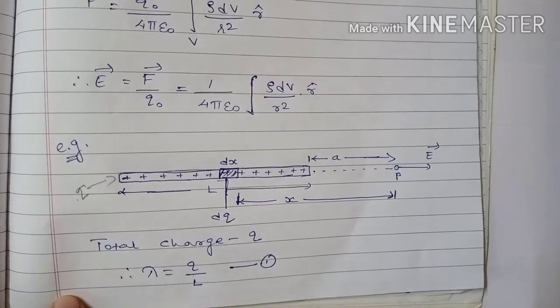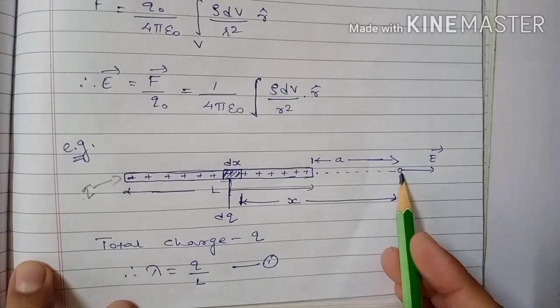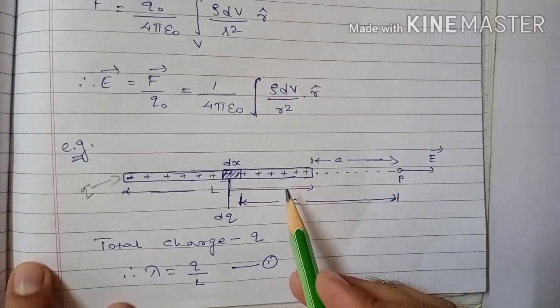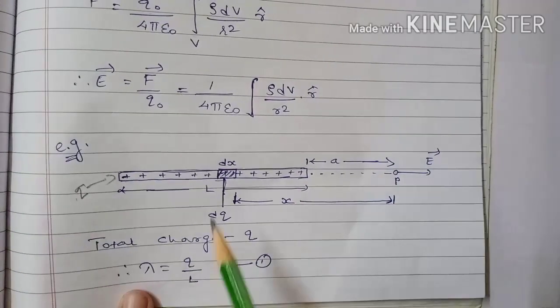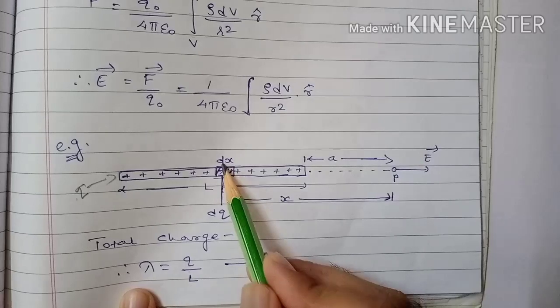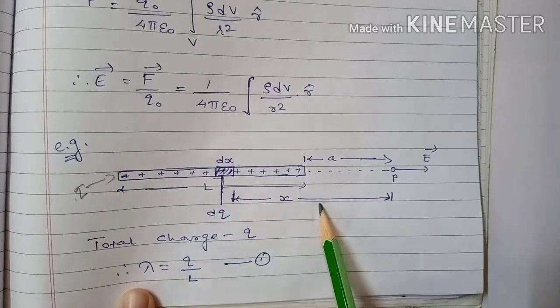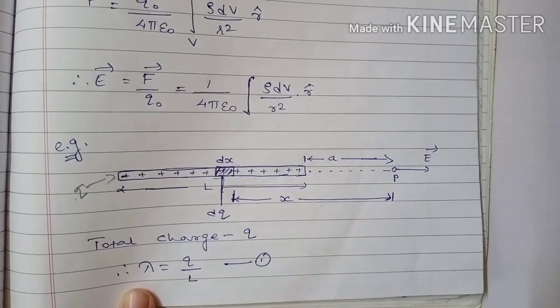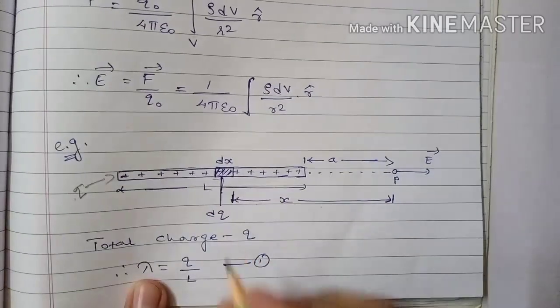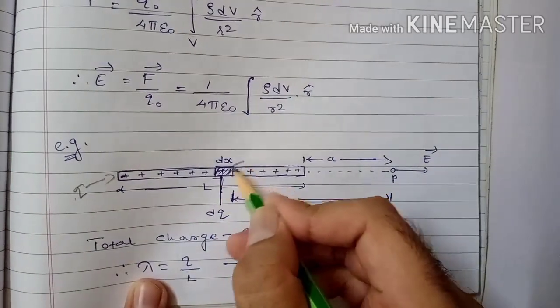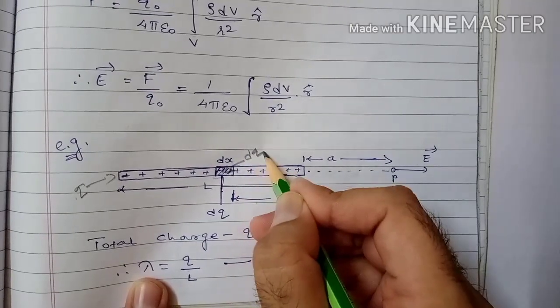Here, to find the electric field at point P, we have to divide this wire into infinitely small elements. Here I am taking one small element of length dx, which is at a distance x from point P. Total length of the wire is L. So the charge contained in this small element, let me call it dq.